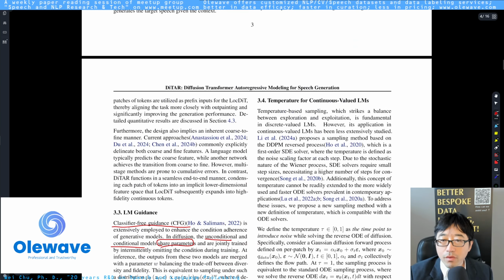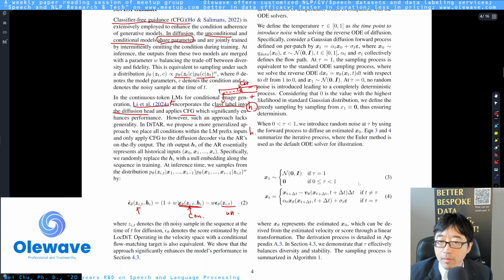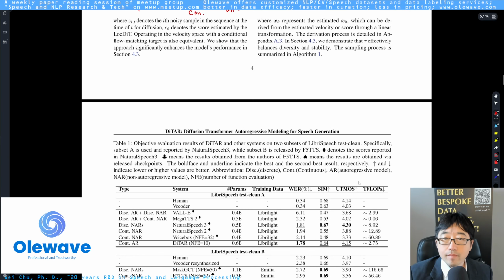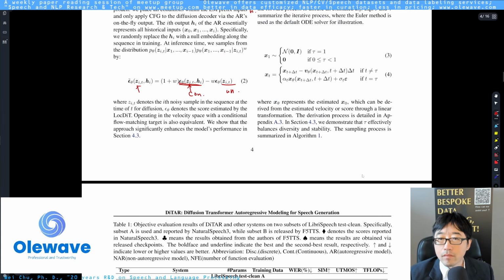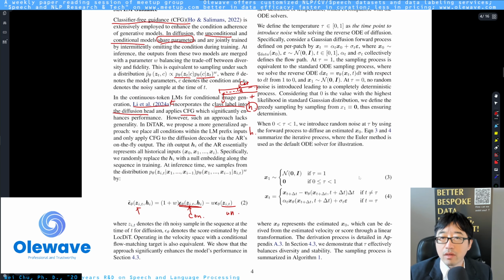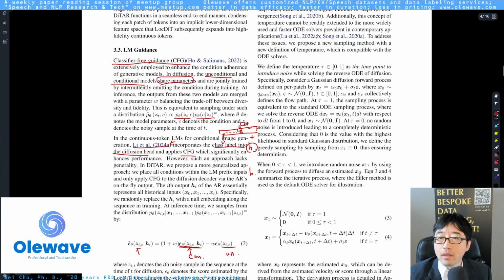And the temperature for continuous valued LMs. Yeah, it's continuous. This is some math. I would just also skip that. It is not difficult to understand, but you have to understand it. I don't have time today, but you have to understand.